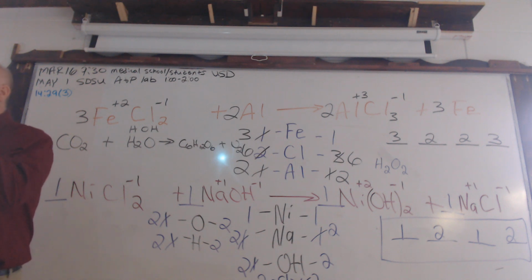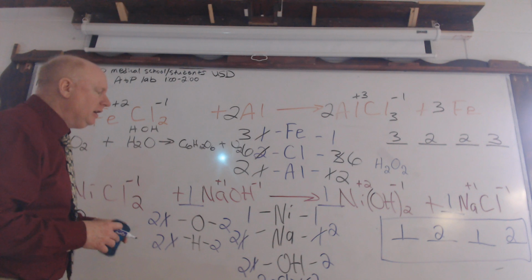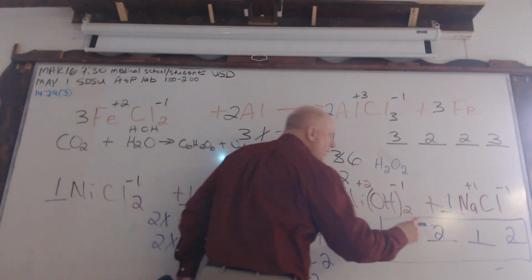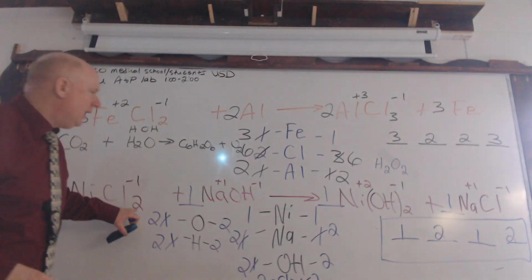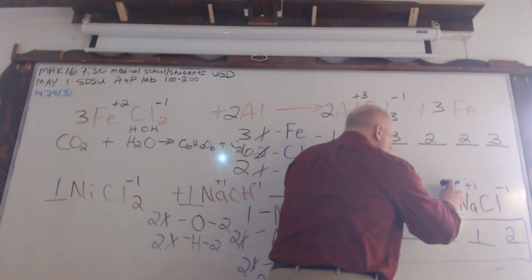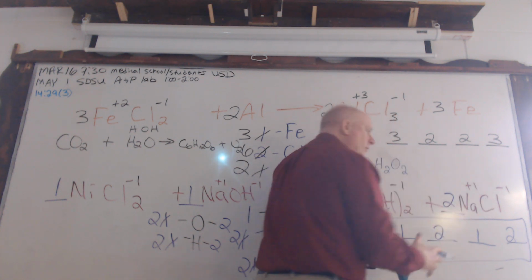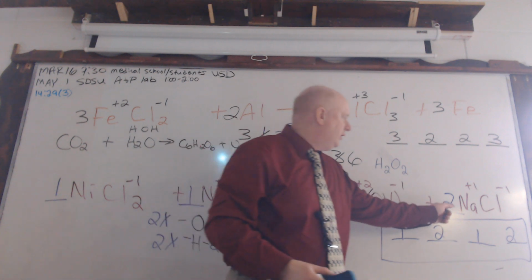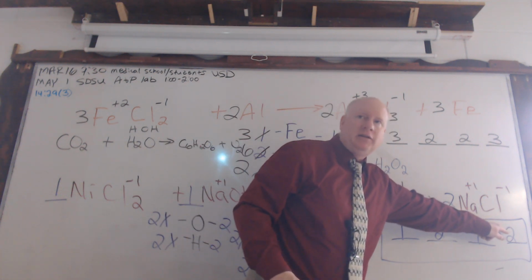Gives you the same number back. Okay. So when we said there are 2 chlorines on our left side and only 1 over here, we changed that to a 2. We distribute that through the entire compound. So this 2 is being represented by that 2. That's where we get that answer from.